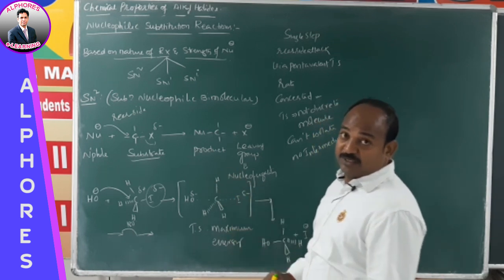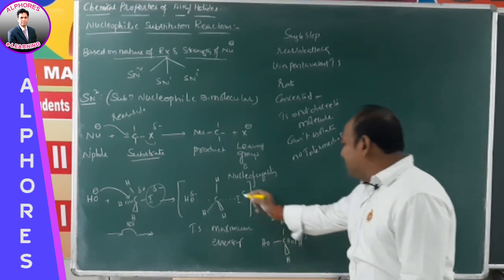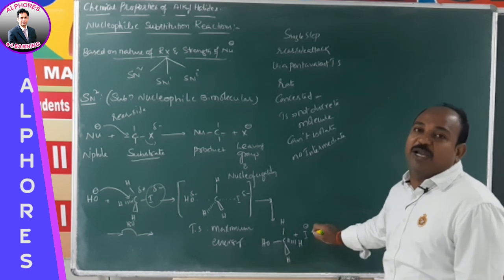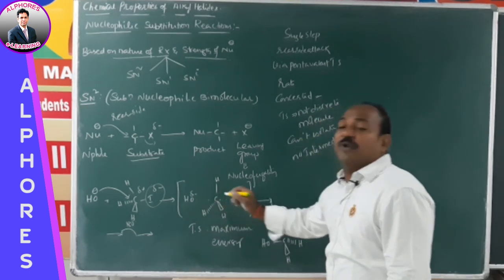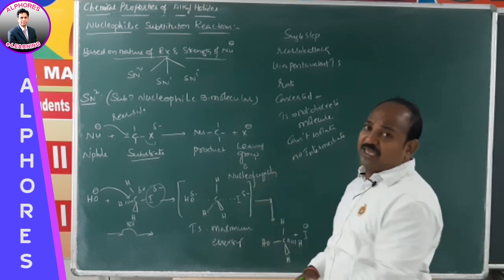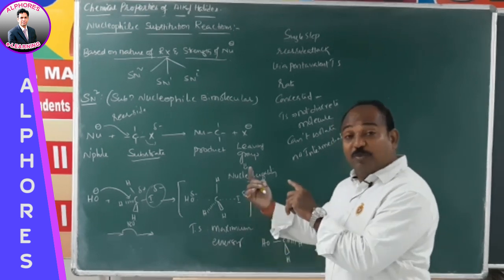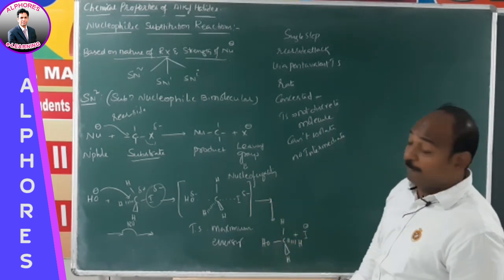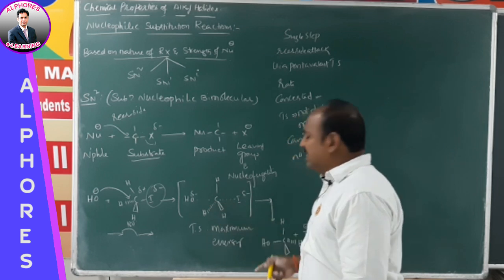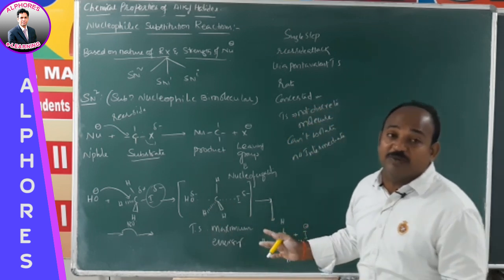Pentavalent transition state. Upon further, I minus completely departs, it comes out as I minus, and OH minus attacks from the rear side. So it is very clear why rear side attacking only: to minimize the repulsion between the attacking nucleophile and the departing leaving group. And this mechanism we call a concerted mechanism.